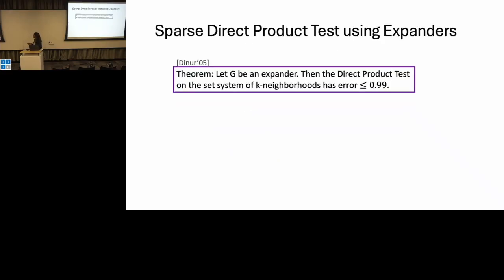Dinur showed that if you take G to be an expander graph, and your set system is k-sized neighborhoods of vertices in the expander graph, then the direct product test defined appropriately will have error bounded away from 1. Whenever the test passes with probability 0.99, you can conclude that your function is close to a direct product function, but you cannot say anything when the test passes with probability half.